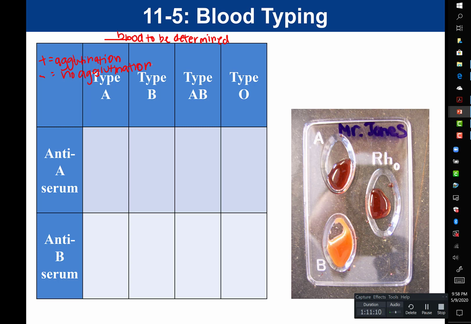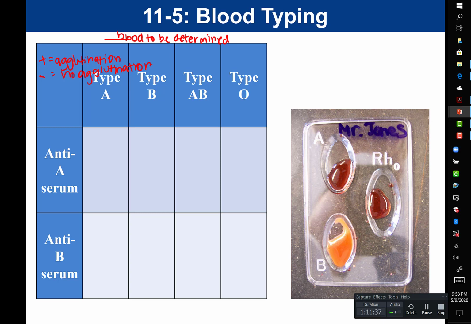All right, so let's walk through this. If the unknown blood is type A, and we take that type A blood and mix it with anti-A serum, which is basically anti-A antibodies, will the anti-A antibodies react with the A blood?